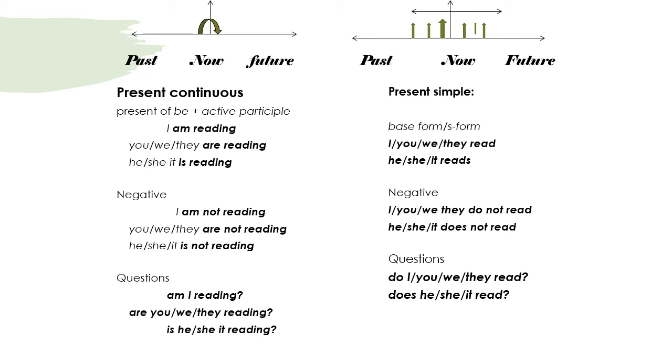I am reading, he is reading, or we are reading. The negative would be I am not reading, he is not reading, or we are not reading. The questions are formed as are you reading, are we reading, am I reading, or is she reading.